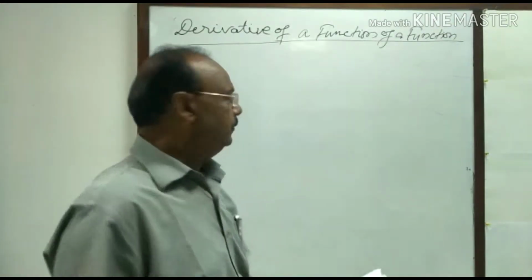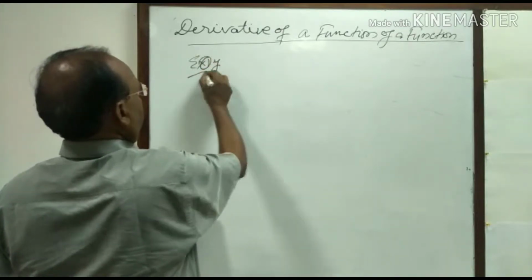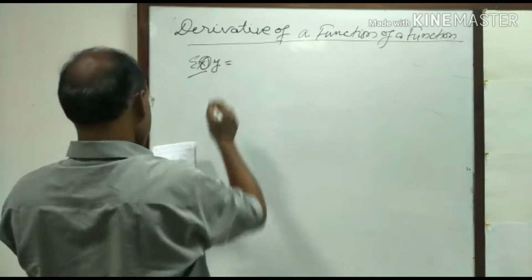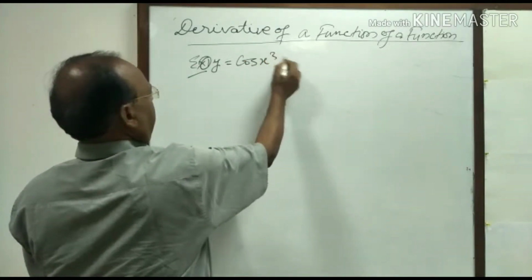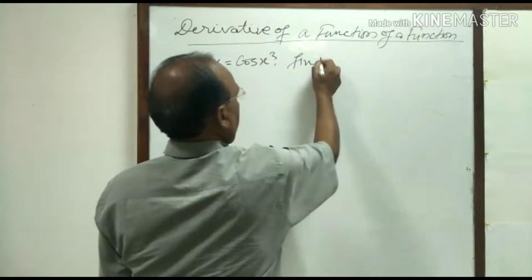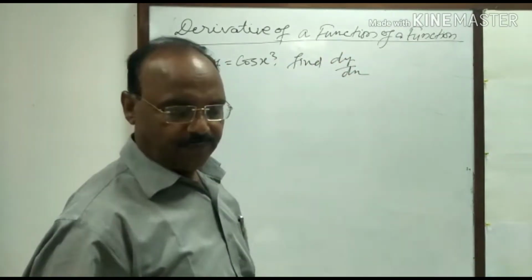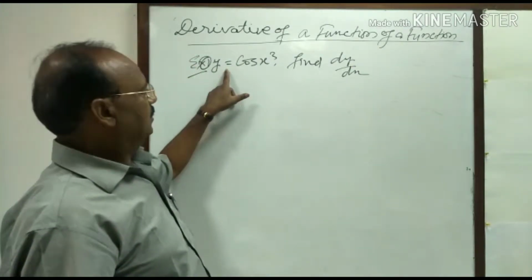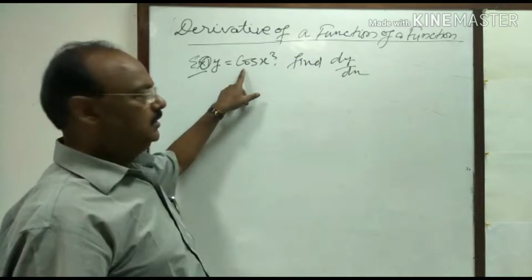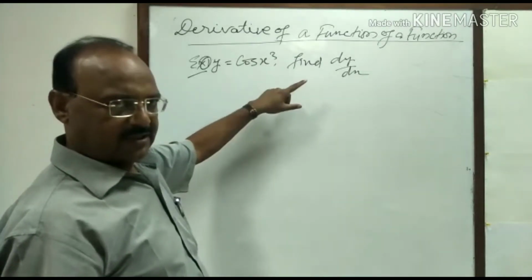You see first question. Here y is equal to cos of x cube, then find derivative of y with respect to x. Here you see, y is cosine function of x cube and x cube is a function of x.